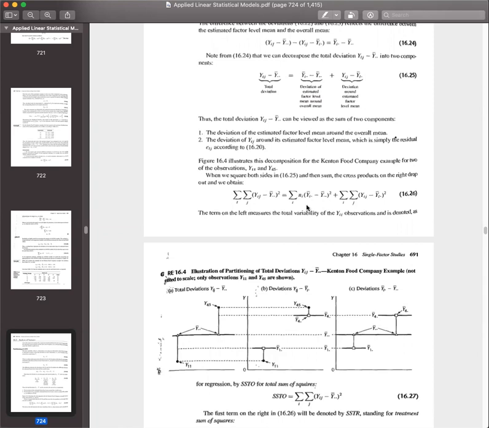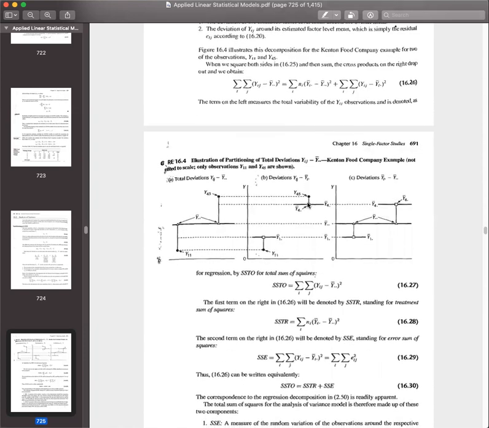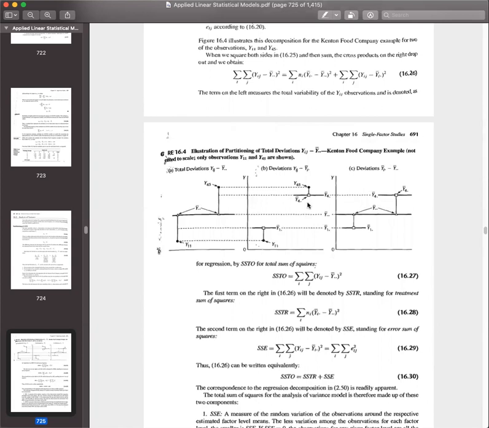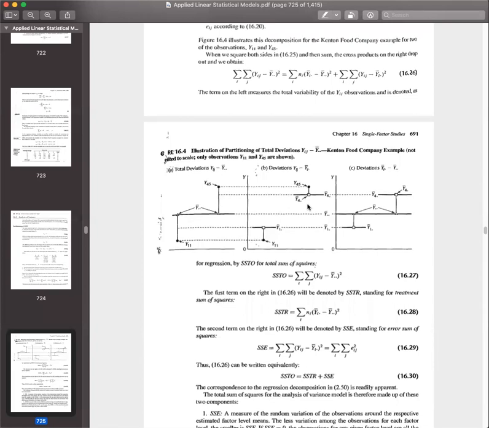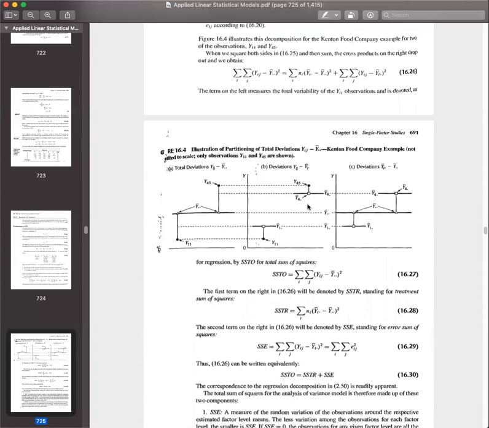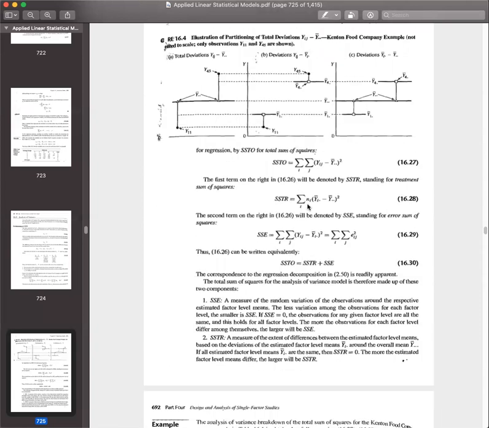So the SSTO is equal to the summation over i, the summation over j of Yij minus Y bar dot dot squared, which is the total sum of squares. And we can get the treatment sum of squares, SSTR, which is equal to the summation over i of ni times Yi dot bar minus Y dot dot bar squared.